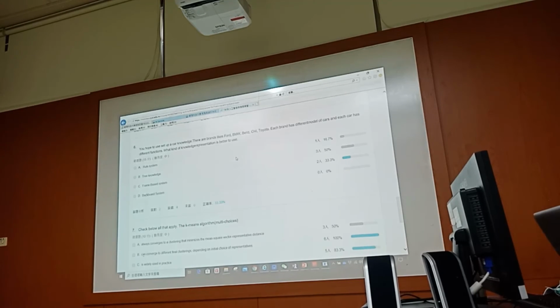What kind of knowledge representation is better to use? Rules are not good for this. A tree is also not very good because a tree has branches and some order. And for this kind of knowledge, a frame is better.